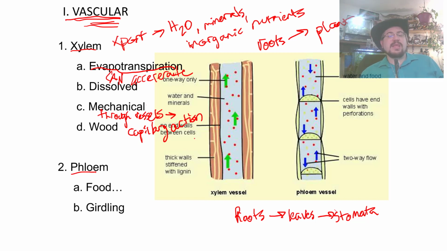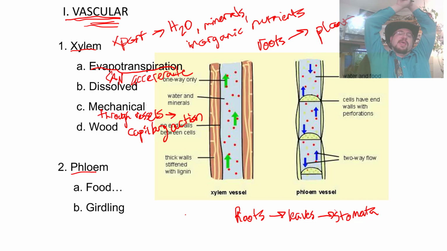So basically, the diameter of each vascular tissue tube is thin enough that water will literally crawl up it, regardless of gravity. Yay, cohesion!